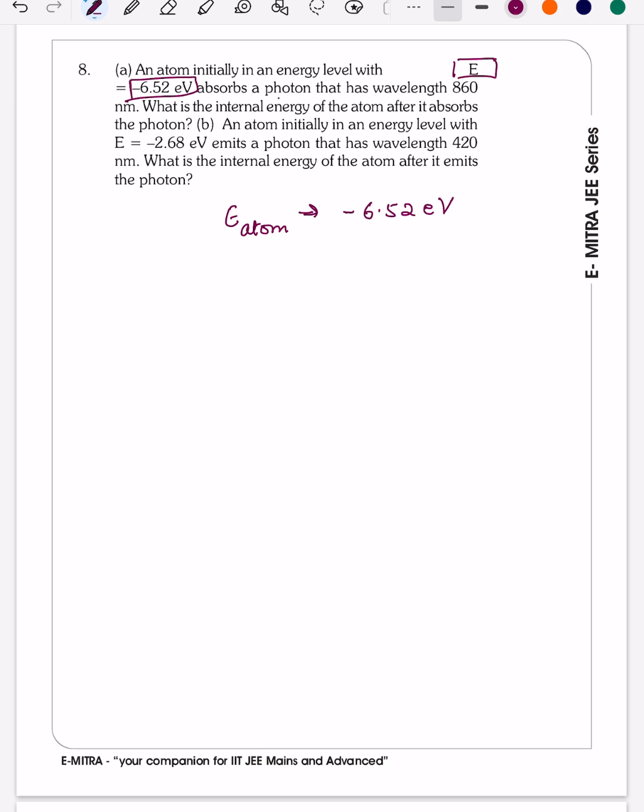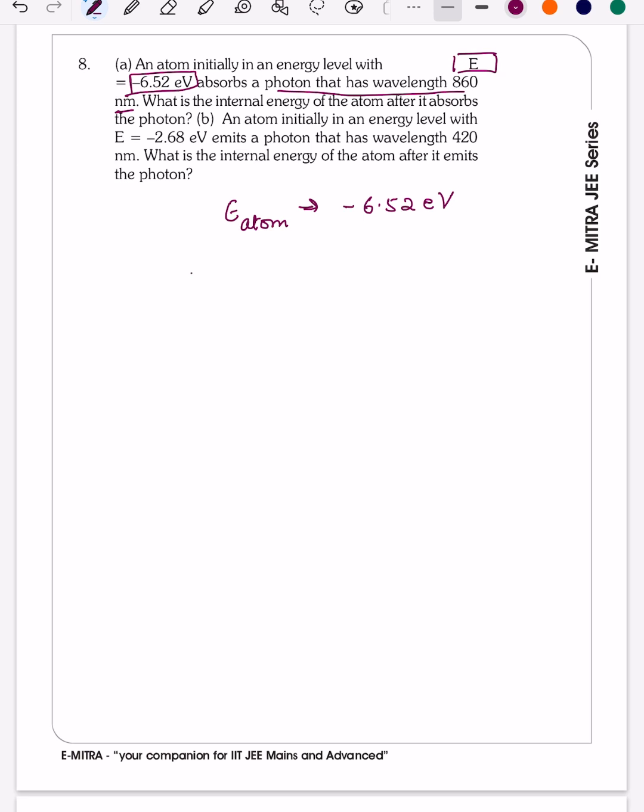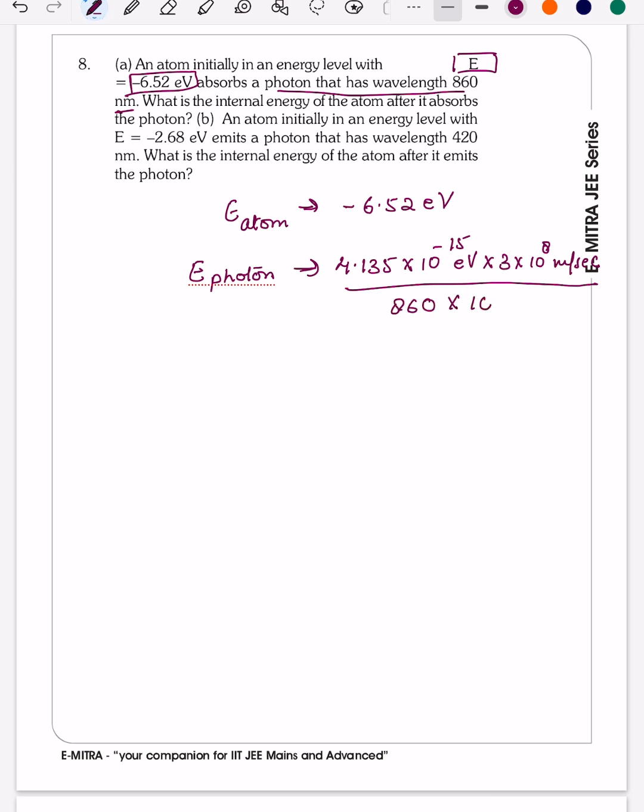Then it says it absorbs a photon of wavelength 860 nanometer. So what will be the energy of the photon that it absorbed? Energy of photon will be equal to, take the value of h in terms of electron volt, that is 4.135 into 10 to the power minus 15 electron volt into 3 into 10 to the power 8 meter per second upon the wavelength given to us, 860 into 10 to the power minus 9 meter.